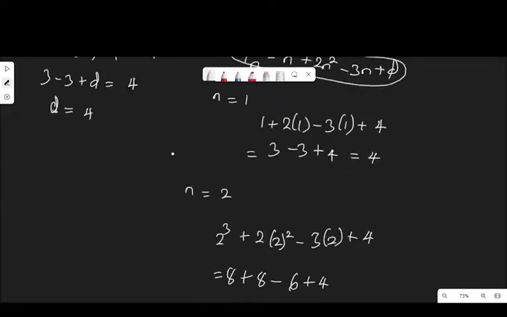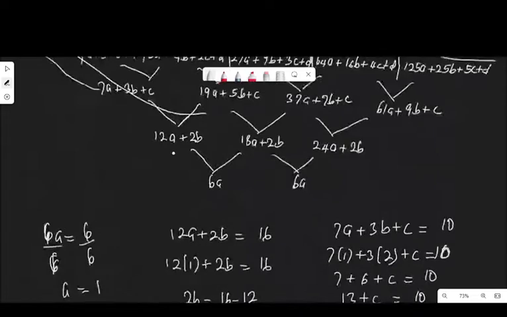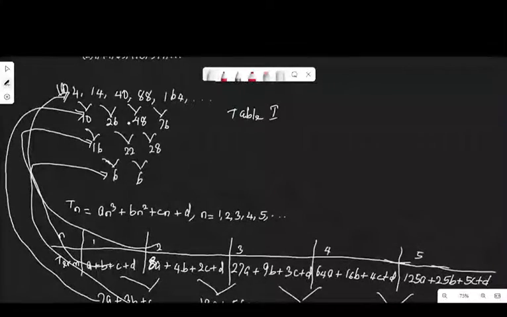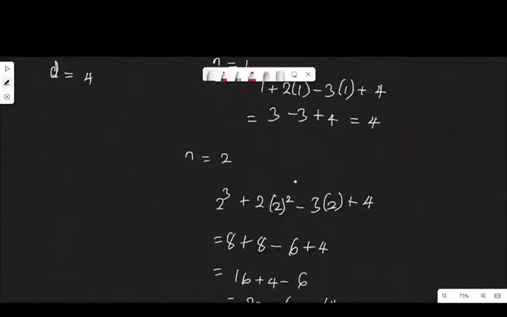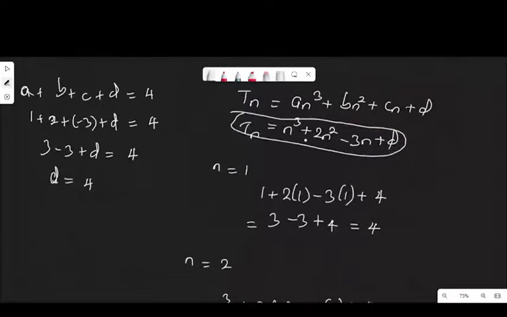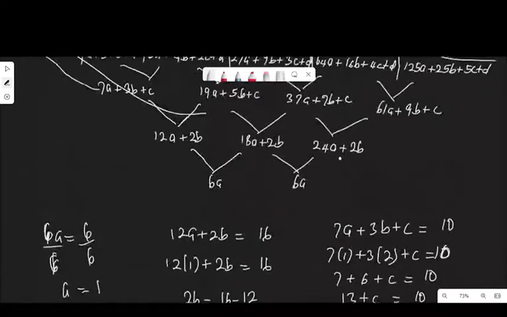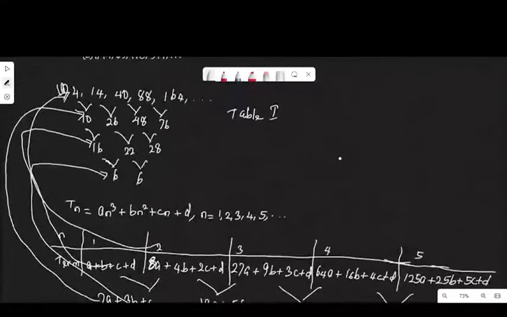Is that the term of the sequence? Yes, 14. That means our formula, which is Tn equal to n to the power of 3 plus 2n squared minus 3n plus 4, is correct for that sequence. Okay, that is that for number 1.